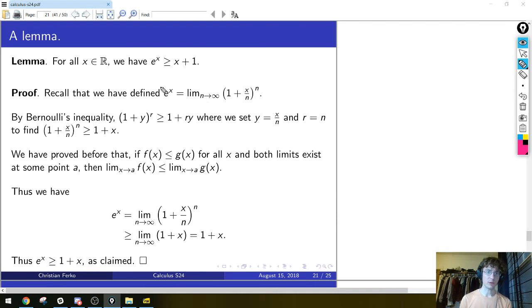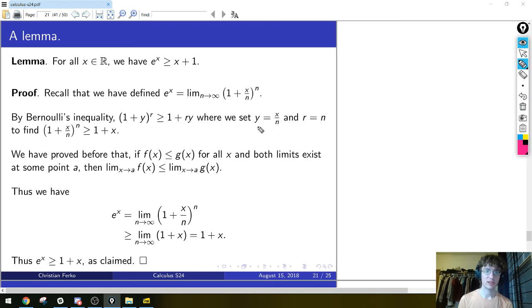Anyway, how do we prove it? Okay, so I asked you to accept this supposedly nonsensical definition of e to the x. So I'm going to use that definition assuming it actually makes sense. How do we use that and Bernoulli's inequality? So we proved on the previous slide (1 plus y) to the r is greater than or equal to 1 plus ry.